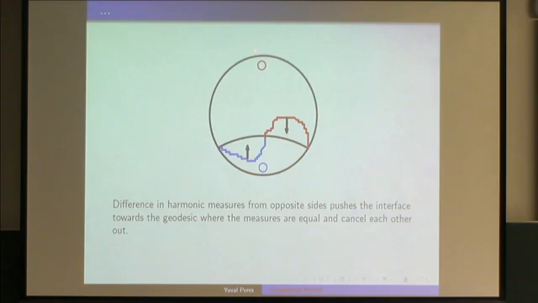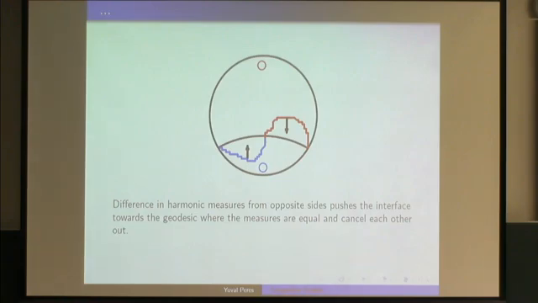So this red arc has higher red harmonic measure than the one for the circular arc. On the other hand, it has smaller blue harmonic measure, so it's pushed down. Similar logic shows that this one has higher blue harmonic measure than red harmonic measure, so it's pushed up. So not only is the circular arc kind of a fixed point of these pushes, but when you deviate, you get pushed towards this interface. Because this is all very intuitive and simple.